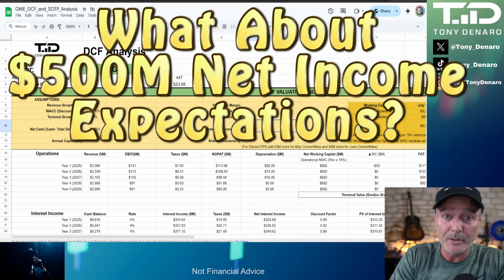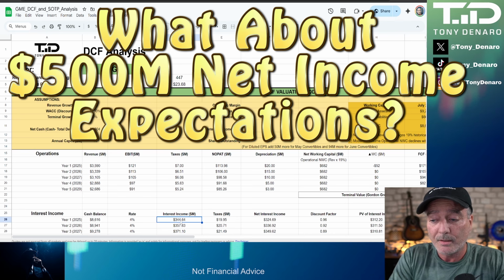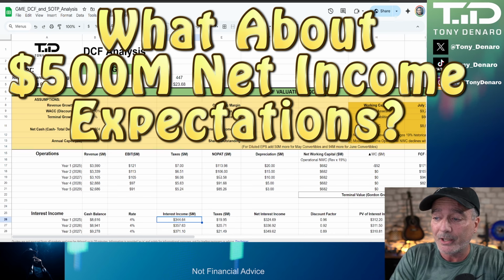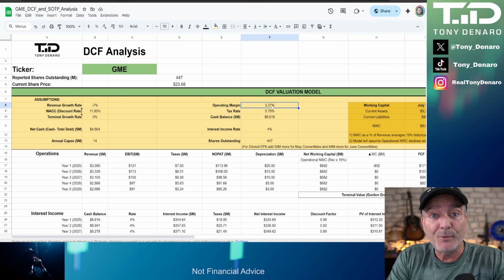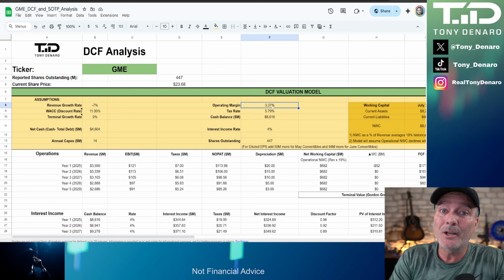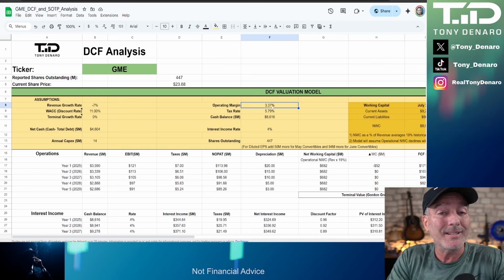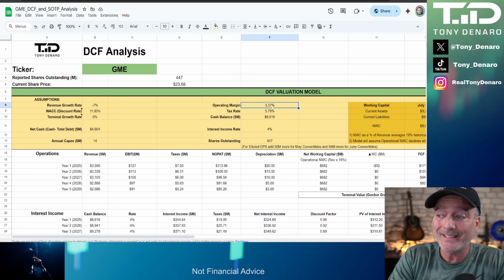Basically, when we are looking at net income, we have NOPAT plus the interest income. And if we look at year one, $344 million of interest income and the NOPAT of 113, guys, that's $460 million just about. And if we wanted to model, what if the net income from operations and interest together was $500 million? That is easy enough to do.